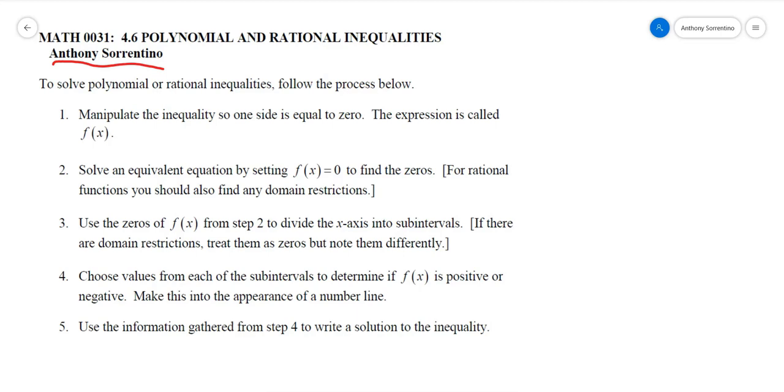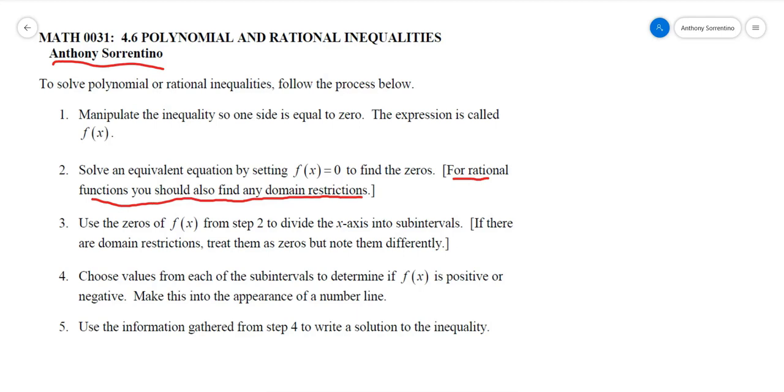You want to solve an equivalent equation by setting f of x equal to 0 and finding the zeros. So you're going to find those zeros, which would be the solutions to the equation. You also, for rational functions, and this is important to note, want to find any domain restrictions.